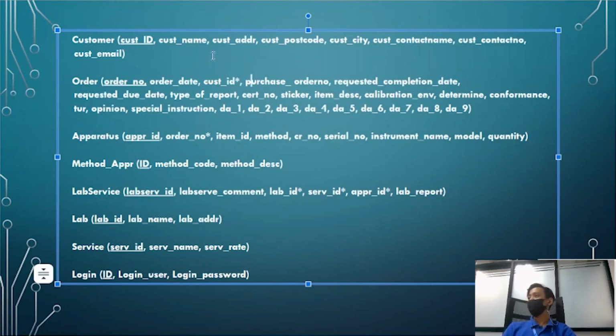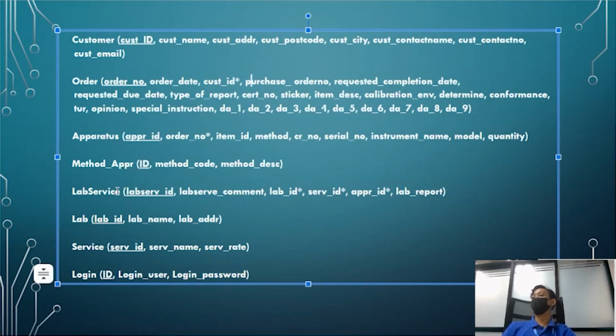So this is the 3NF form. For customer, we have one primary key, customer ID. For order, we have one primary key and also one foreign key, which is customer ID. Next, apparatus has the primary key apparatus ID, and a foreign key for the order number. Next, we have the method apparatus, whose primary key is the ID.